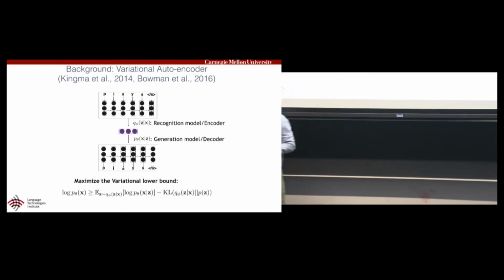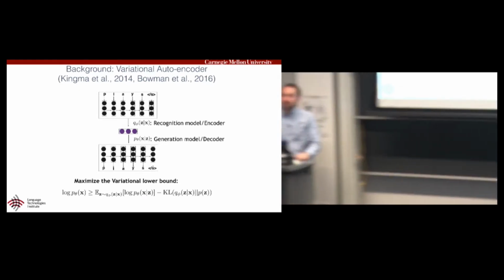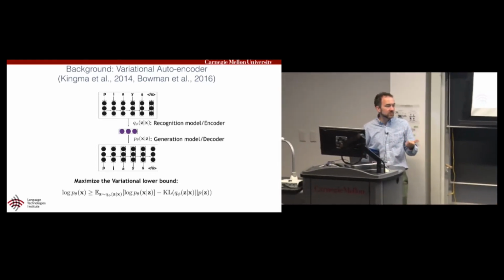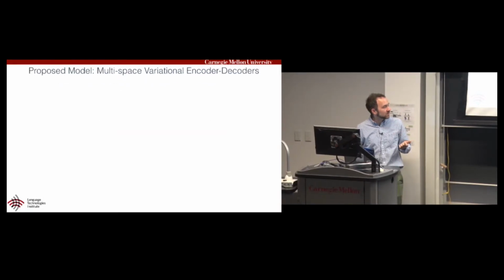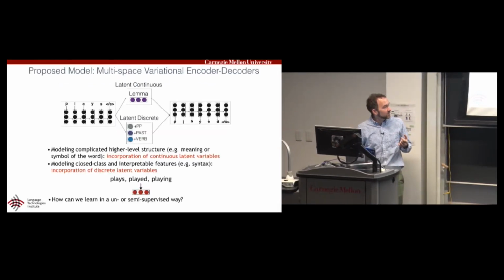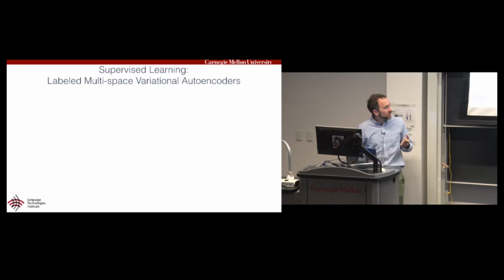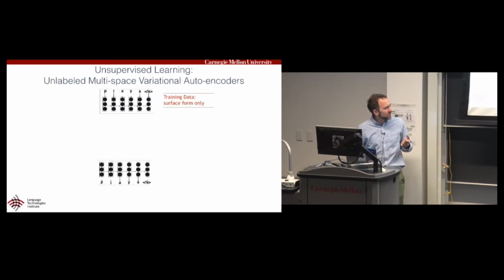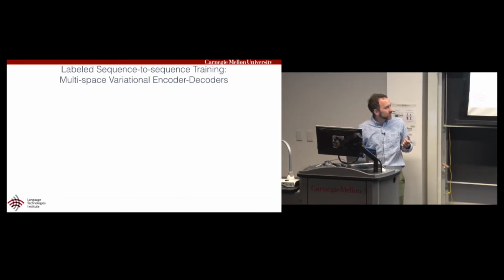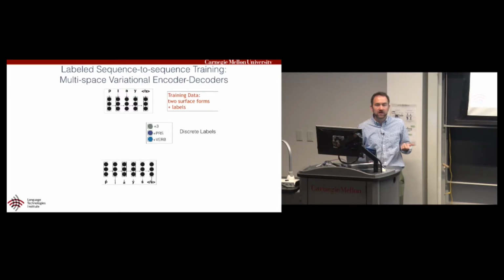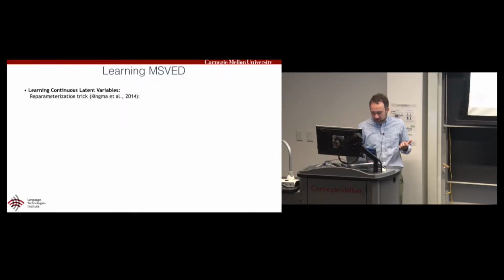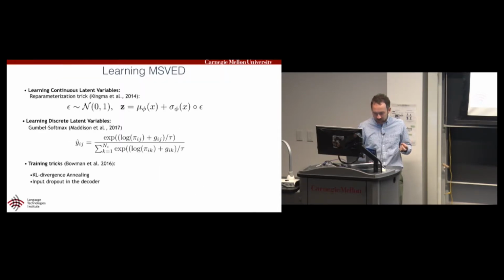And this is a common trick in using these for both language, where you have a strong RNN-based decoder, or for images, when you're using something like a recurrent neural network, like a pixel RNN or something like this. So this is a common trick.